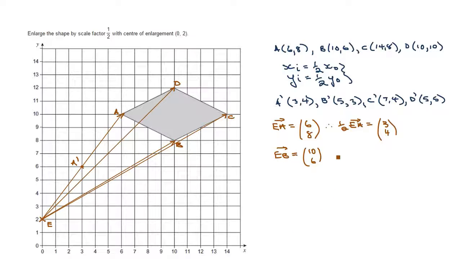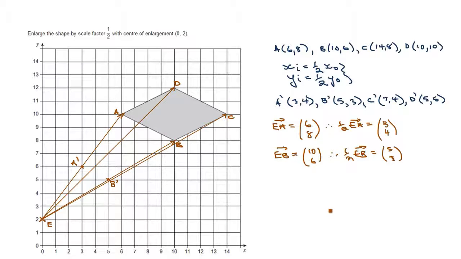Therefore half E to B is going to be half of 10, 5, half of 6, 3. So we've got a vector for E to B at 5, 3. So half E to B is at 5, 3. So 5 along and 3 up is going to take us to here. So that's the location of B prime.